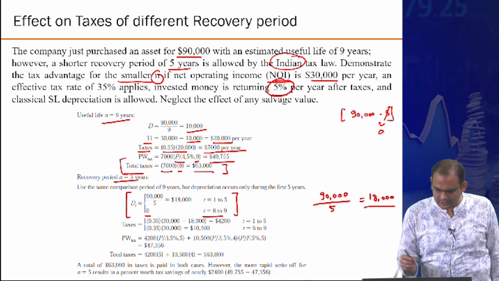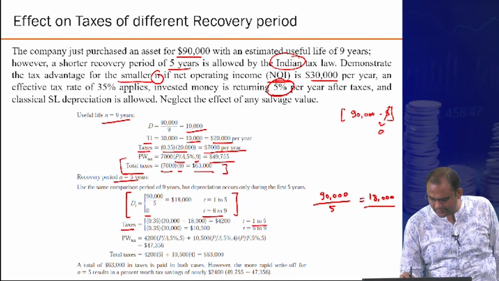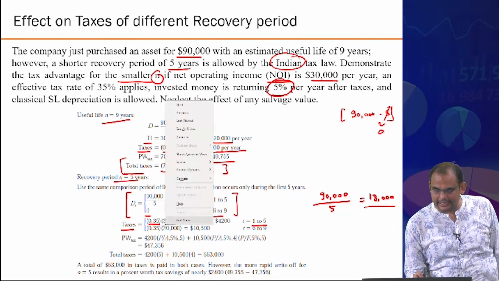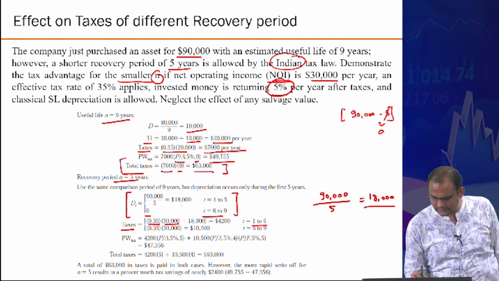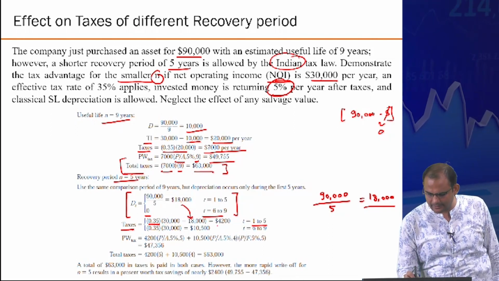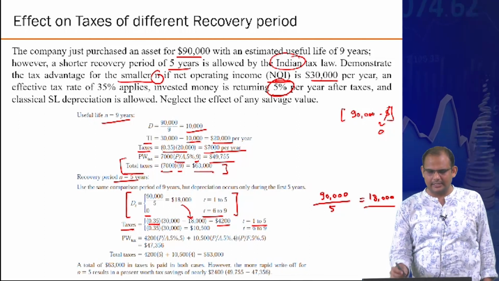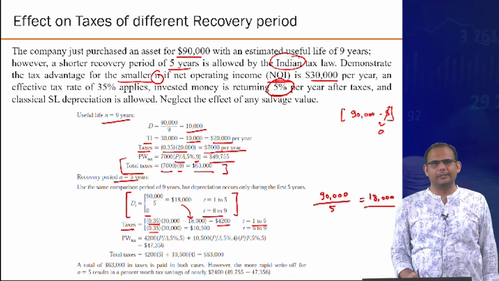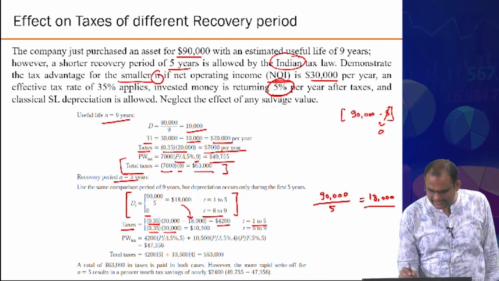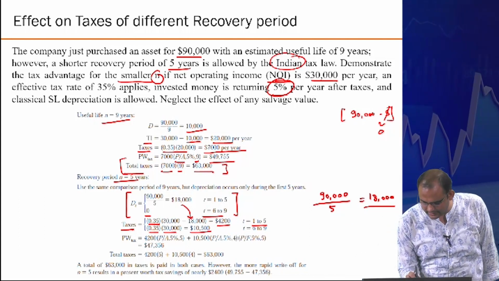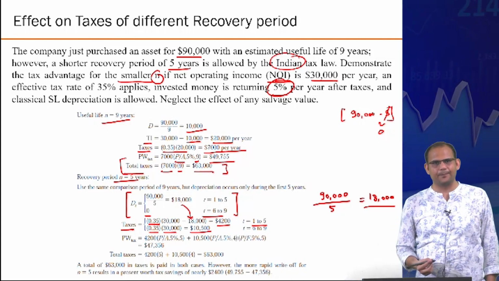So taxes for year 1 to 5 is 35% of 30,000 minus the depreciation amount. This is coming out to be $4,200, and for years 6 to 9, this is 0.35 into 30,000 minus 0, because there is no depreciation happening in this alternative. So this comes out to be $10,500.